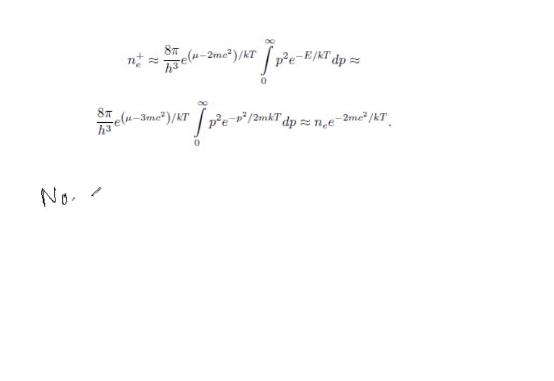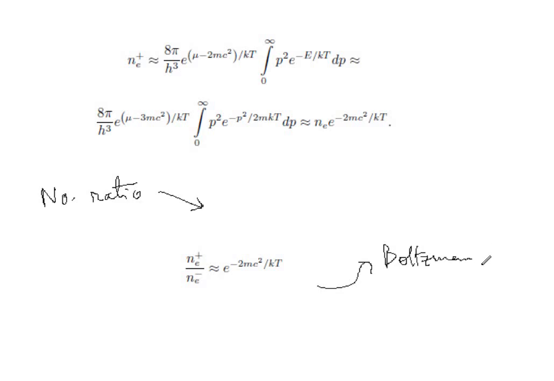Finally, you see, the number ratio is just what we will expect from a Boltzmann distribution. It is very interesting. Here, so this is the number ratio, and this corresponds to basically the Boltzmann formula, right?